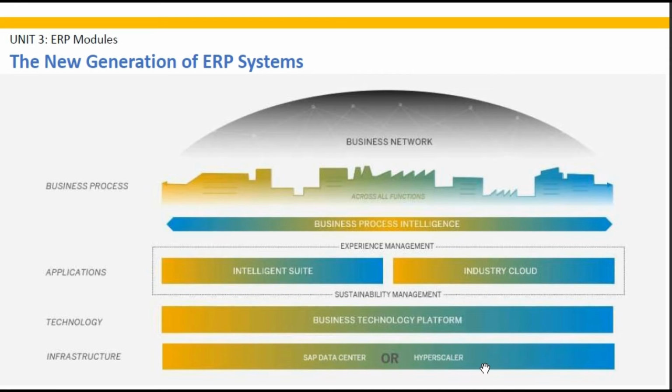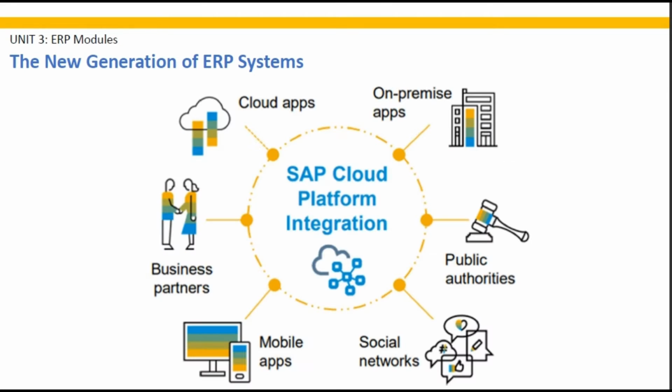Then we have the application intelligence suite, the industry cloud at the application level, and then the business process intelligence. And then we have the business process network, which actually covers all the front-end tools. I've made many sessions on Business Technology Platform. You can go through that, and you can also contact for one-to-one sessions.